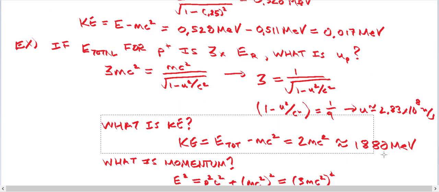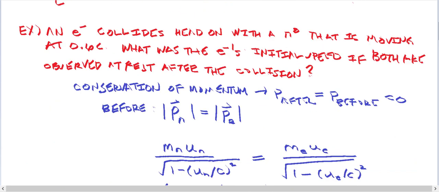What's its kinetic energy? Well, the kinetic energy, again, is the total energy minus mc squared. And so we said that the total energy here is 3 times the rest energy. 3 times the rest energy minus 1 rest energy is just 2 rest energies, right? 2mc squared. But we know what the rest energy of the proton is, right?